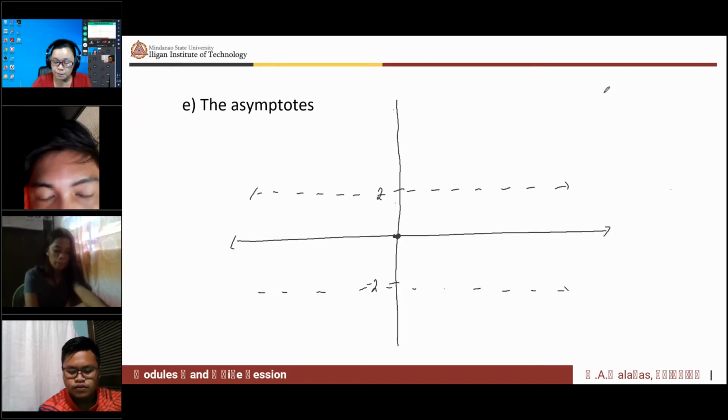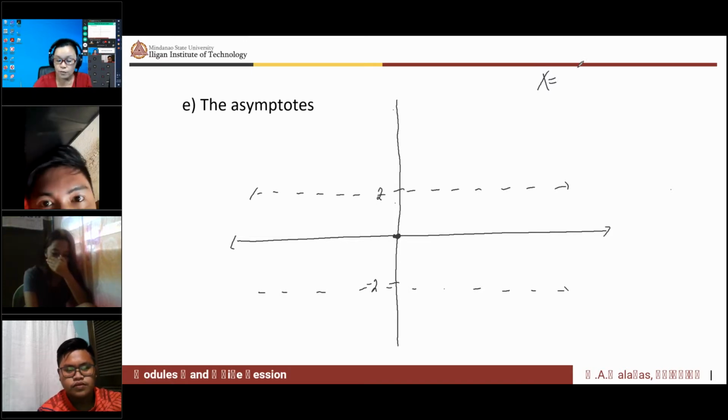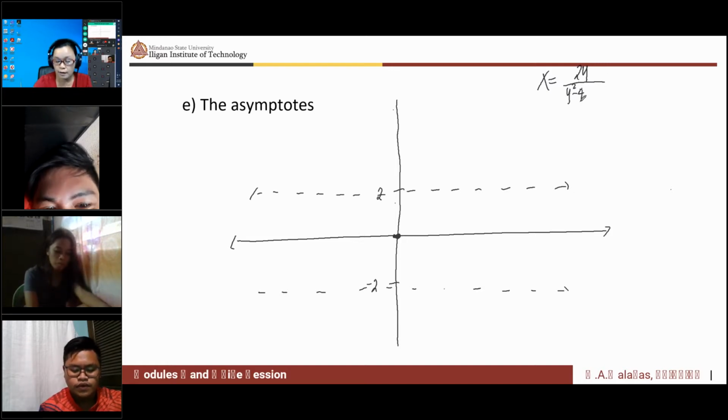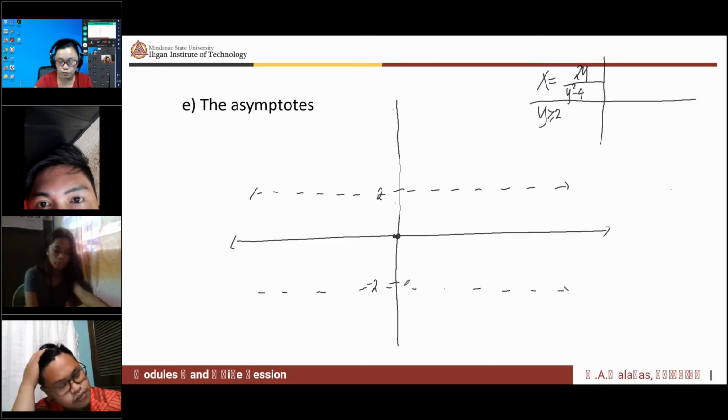Our equation again: x equals 2y over y squared minus 4, and this is our y. Let's start with y greater than 2, then y above 2, then between 2 and negative 2, and then below negative 2.